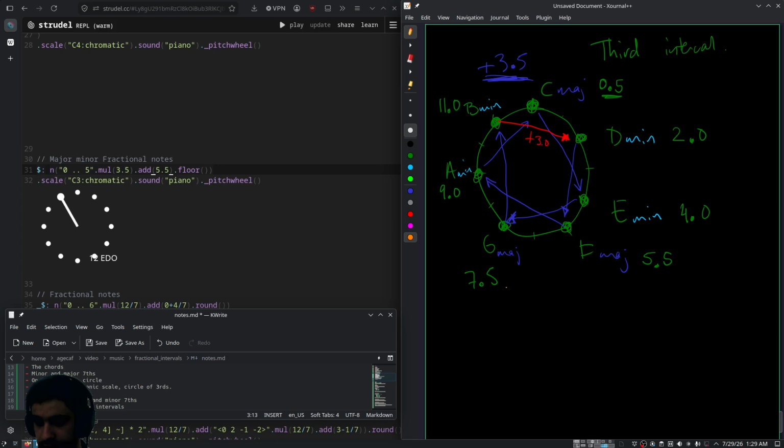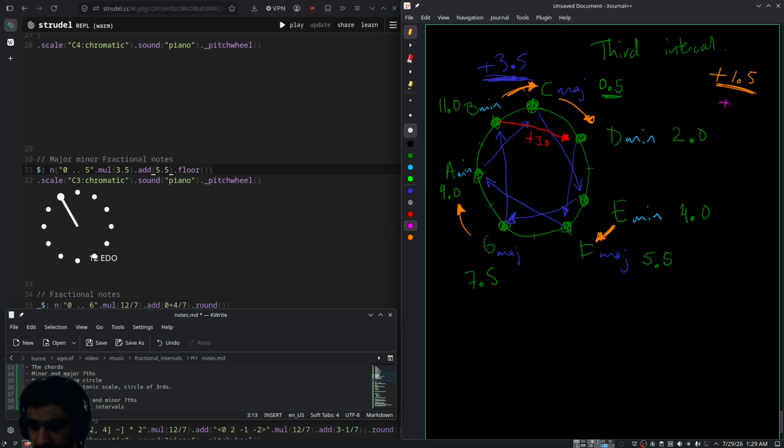But there are other intervals that are rather common. So one of them, for example, would be plus 1.5. And that's what's happening from C to D, from E to F, from G to A, so that's 7.5 plus 1.5 is 9, and from B minor to C major, right?